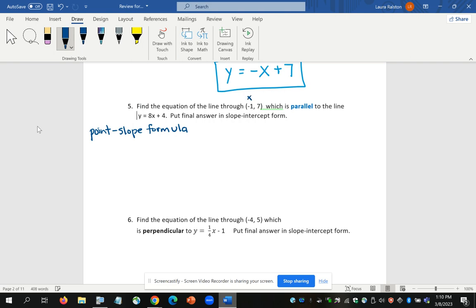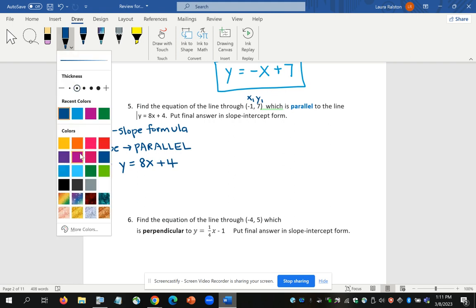That's going to be my x1, y1, but I need my slope. And more specifically, in this problem, I need the parallel slope, and it has to be parallel to y equals 8x plus 4.